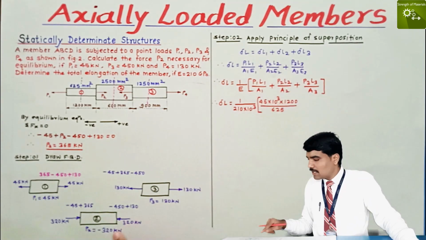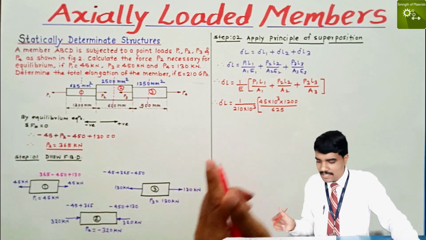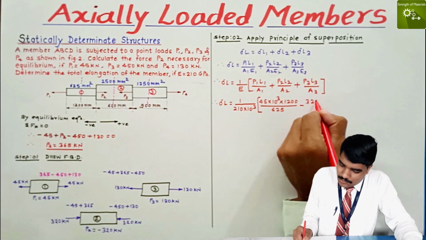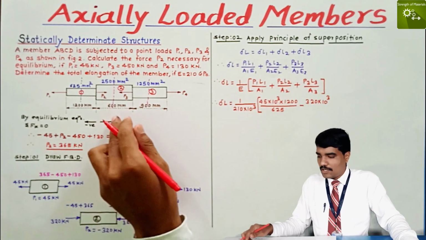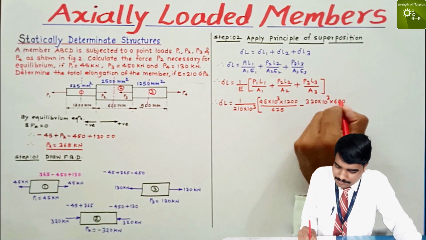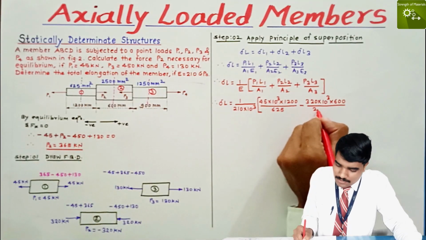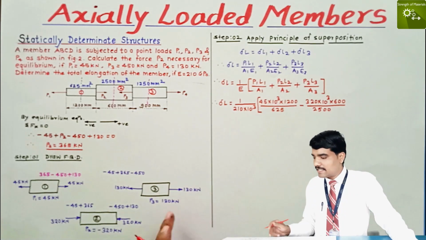Again P2. P2 is minus because it is compressive. That's why we take a minus sign here. That is minus 320 into 10 raised to 3, converted into Newton, into the length of the second member, 600, divided by the area, 2500 mm square.